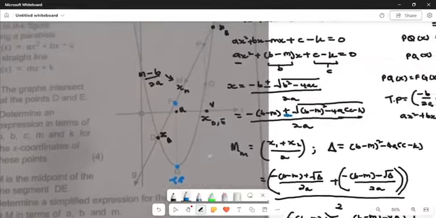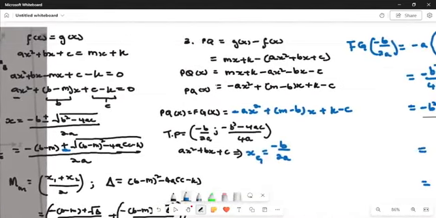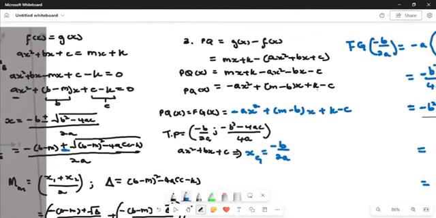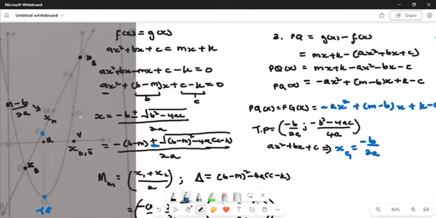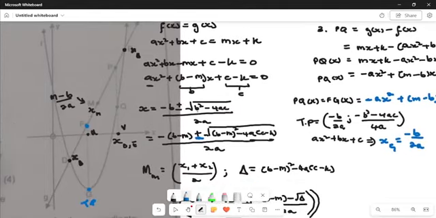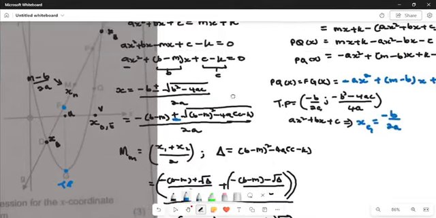Okay, so remember that we presented PQ as a function of x, and now we are told that this function will be maximized, and the only value that can give us a maximum value is the x value of m. We need to show that.